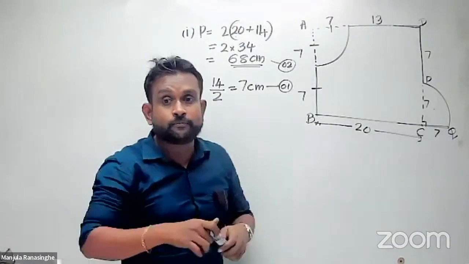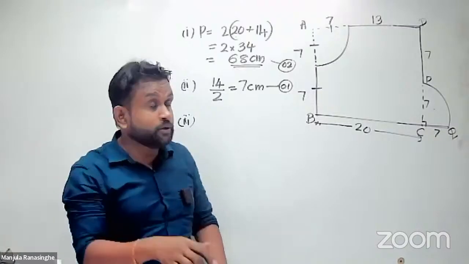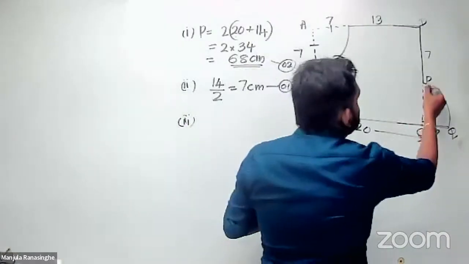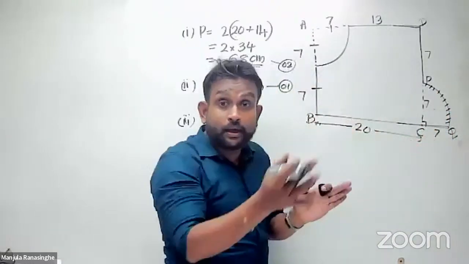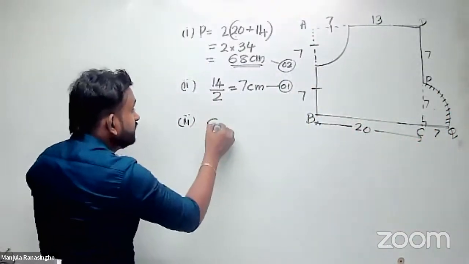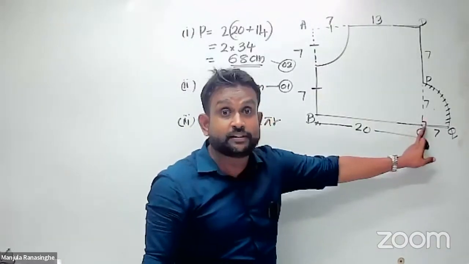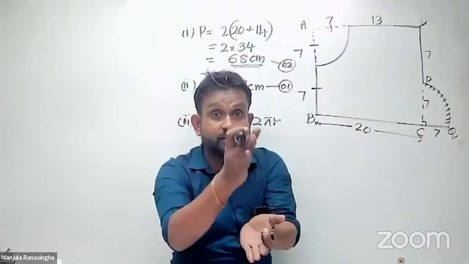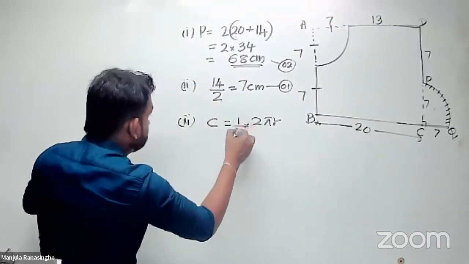Okay. Third one. Find the arc length PQ. Arc length PQ means this length. You know that this radius is 7. How to find the arc length of a full circle? 2πR. Remember that. As I mentioned, 90 degrees there. 90 means from a full circle, how much portion? 1/4. You can apply 1/4 into 2πR.